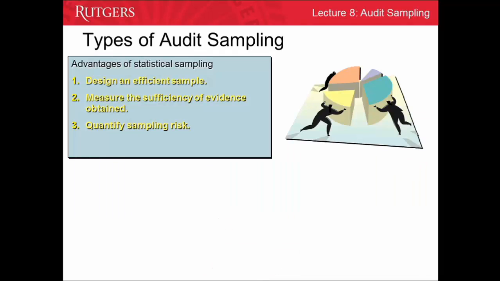Both approaches require the use of the auditor's professional judgment to plan, perform, and evaluate the sample evidence. The major advantages of statistical sampling are that it helps the auditor to design an efficient sample, to measure the sufficiency of evidence obtained, and to quantify sampling risk.